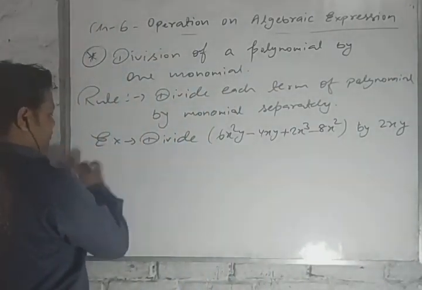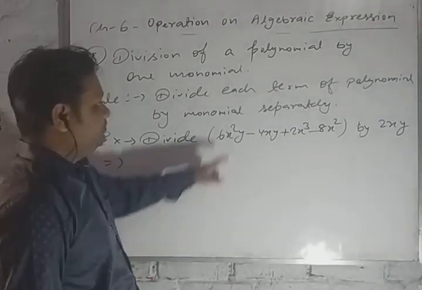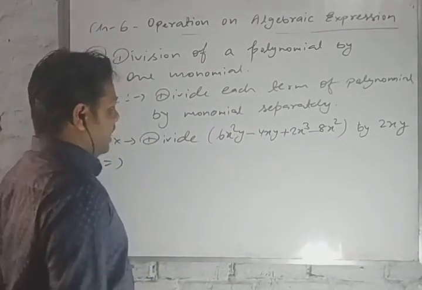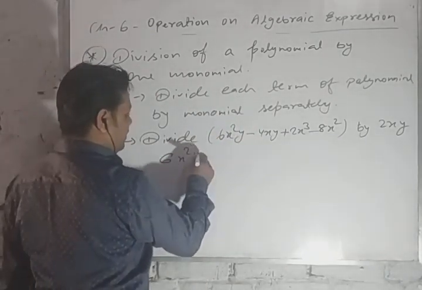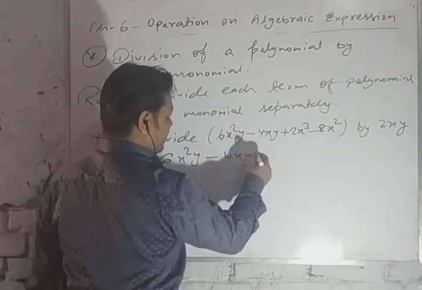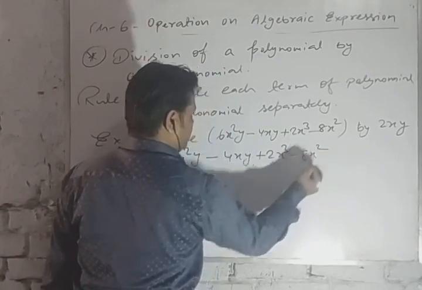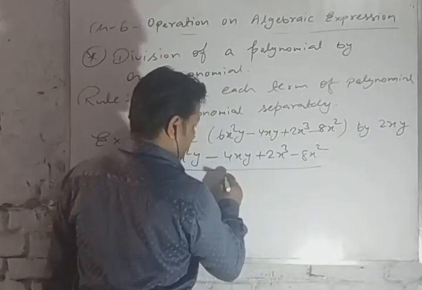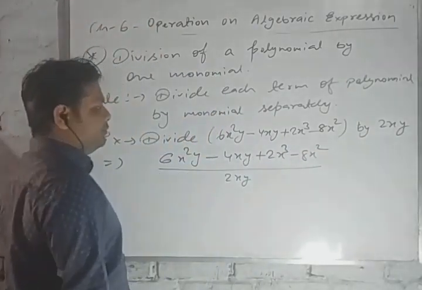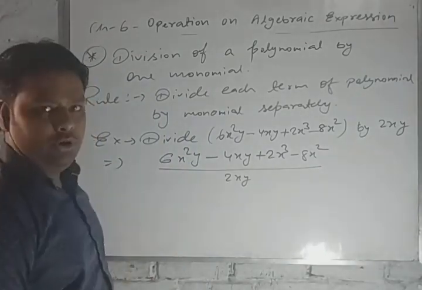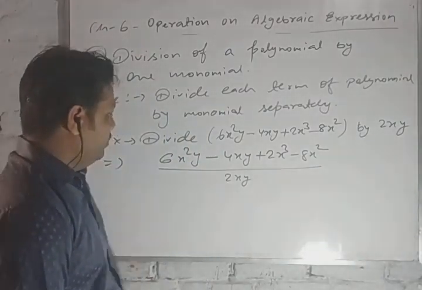Let's see. At first we have to separate. At first we will write 6x square y minus 4xy plus 2x cube minus 8x square by 2xy. And we have to separate each term of the polynomial by the monomial.